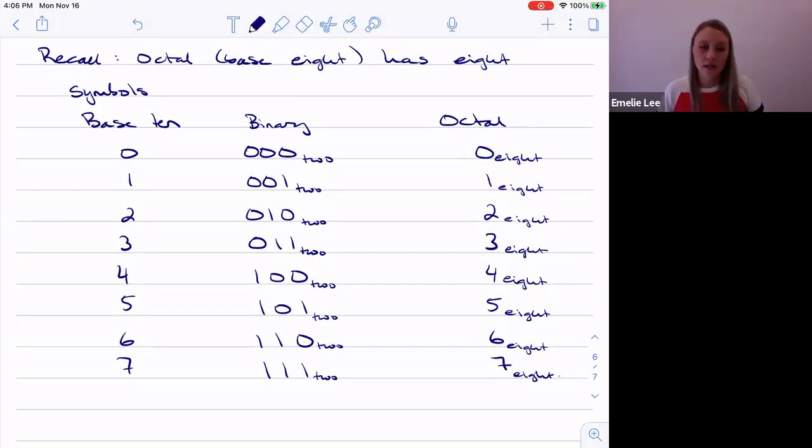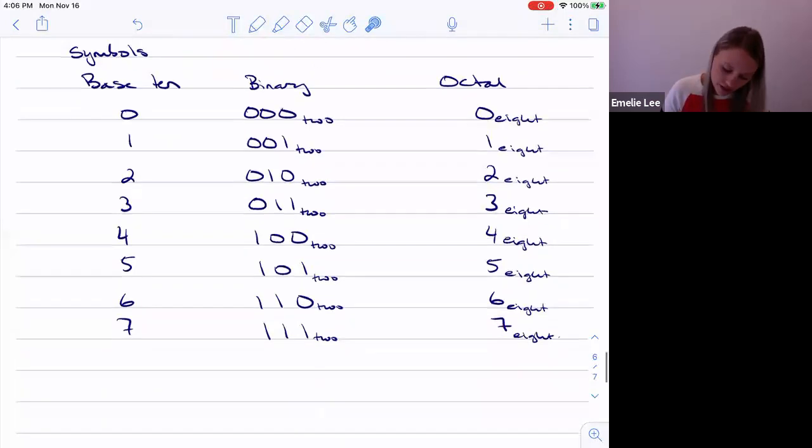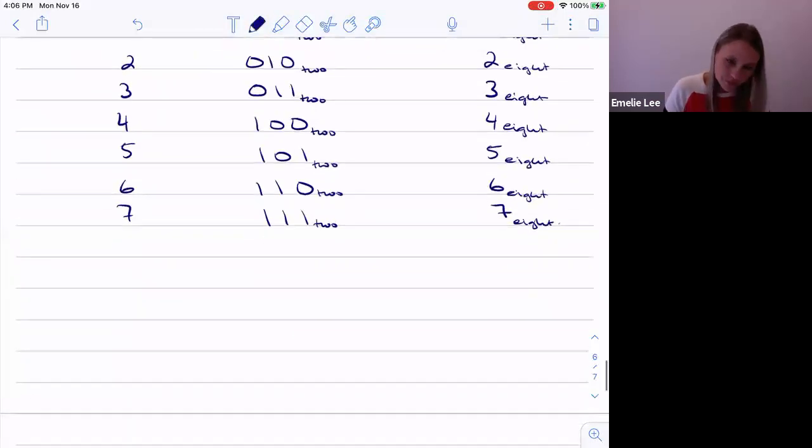So the shortcut, okay, notice that each of these only has 3 digits, right? So we only need three digits here to make up an octal digit. So what we do is we take a binary number. If we have to move from binary to octal, we use groups of 3.